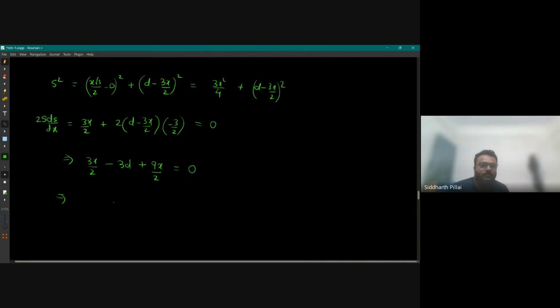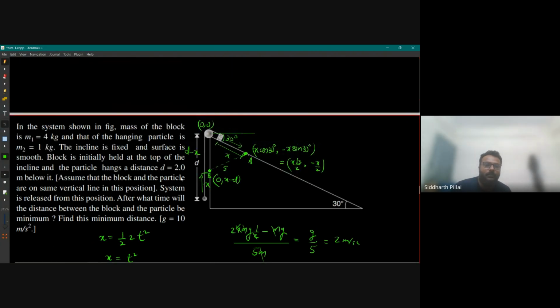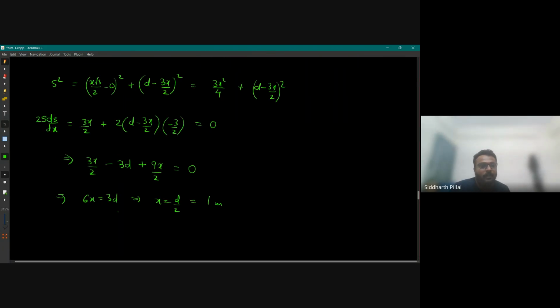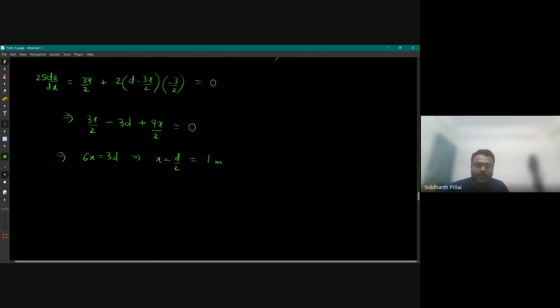So this gives me 3 plus 9, 12 by 2, 6x is equal to 3d, or x is equal to d by 2, right? d by 2 means d is 2 meters, so x is just 1 meter, right? Put this x back into, and we know that this is equal to t square, x is equal to t square. So from here, we'll get t equals to 1 second also.